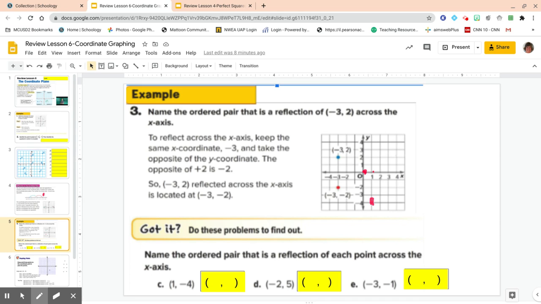And we want to reflect, it says, across the x-axis, which is this guy right here. So I'm still going to go over 1, but in this case, I'm going to go up 4, so it will be a +4. All right, so you will continue doing D and E on your own.